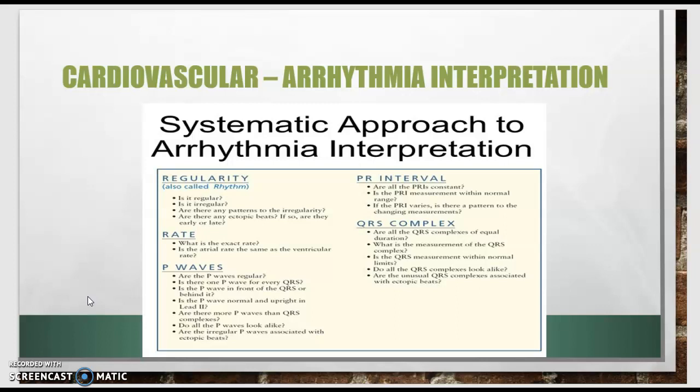So a 6-second strip, you will take it and you will count your QRS complexes, which remember represent the ventricle, and you will multiply it by 10, and that will be your heart rate. And I will show you that in some of the next few slides.